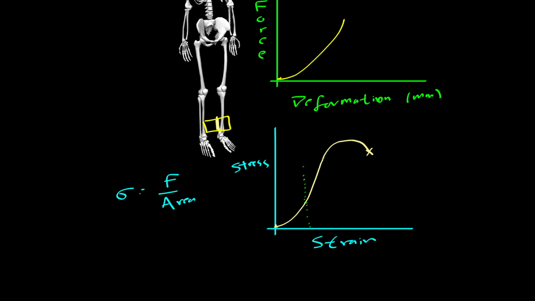And we saw that there's this linear region in here where the material is behaving more or less like an idealized spring. And we can connect the slope of this stress-strain curve right in this region with the stiffness of the material, but normalized to per unit cross-sectional area.